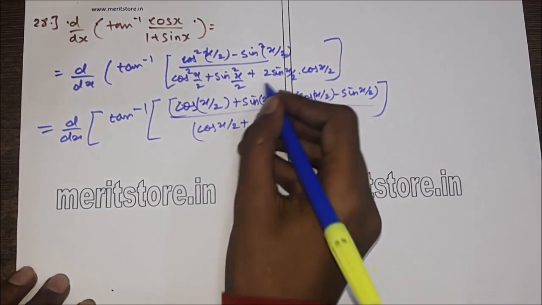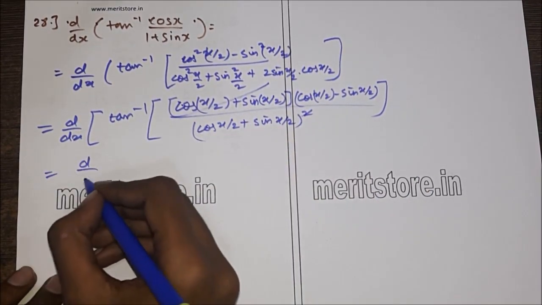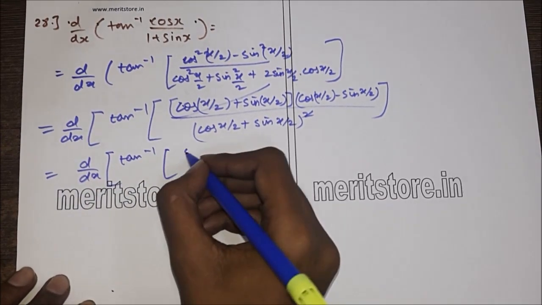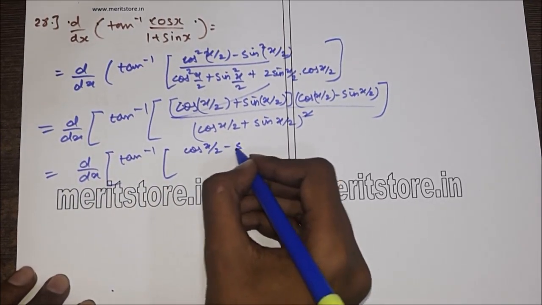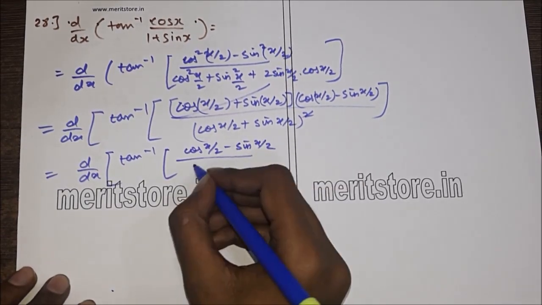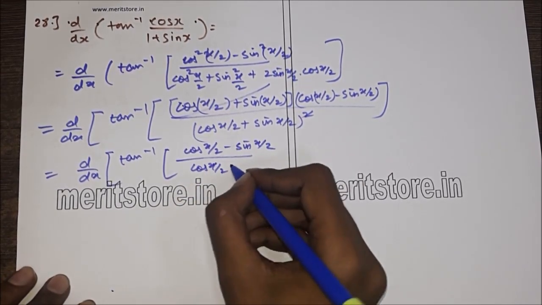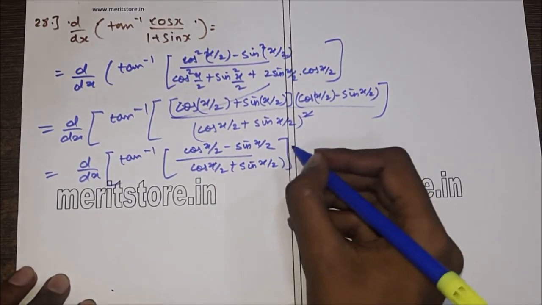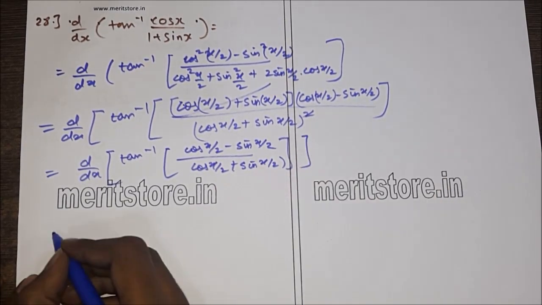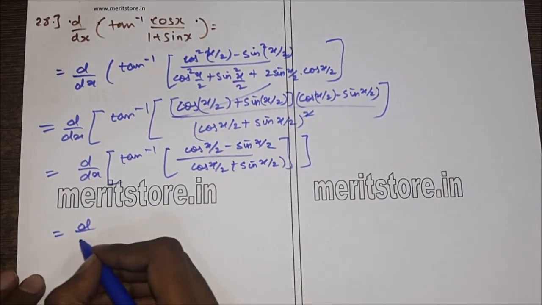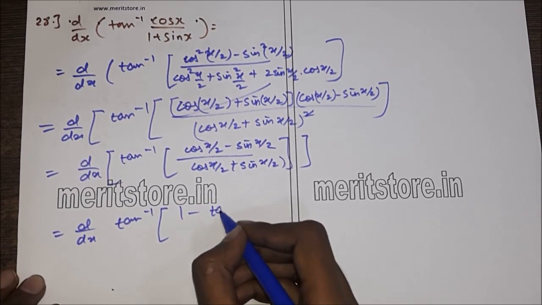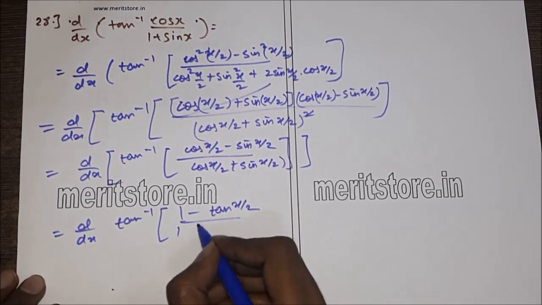So this gets cancelled. We are left with d by dx of tan inverse of cos x by 2 minus sin x by 2 upon cos x by 2 plus sin x by 2. So divide throughout by cos x by 2, we get tan inverse of 1 minus tan x by 2 upon 1 plus tan x by 2.